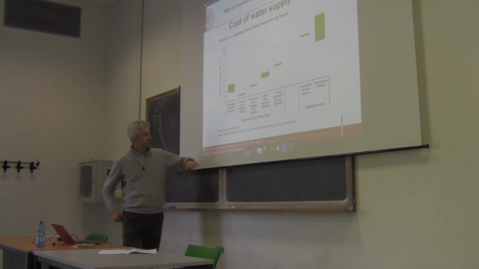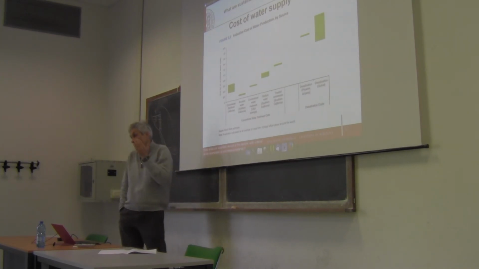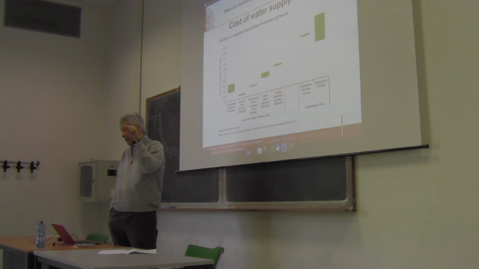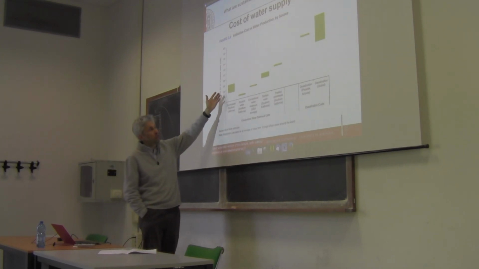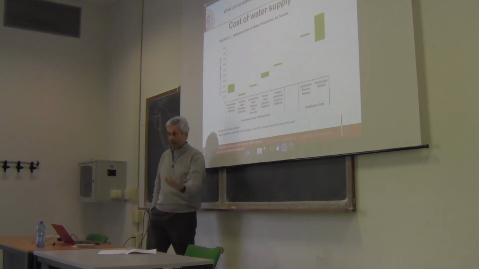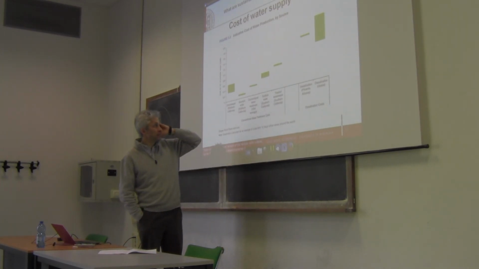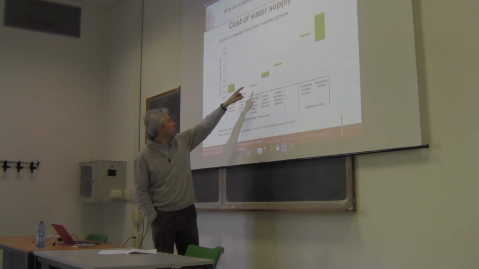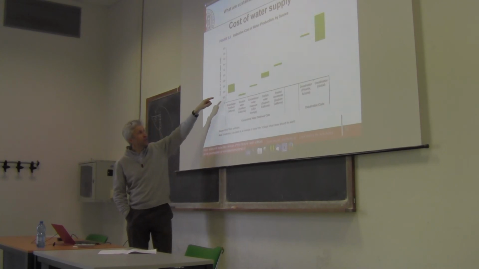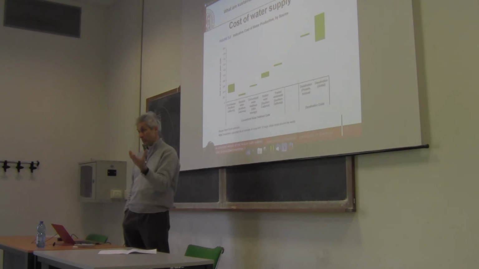This is an example of cost of water supply, because if you want to increase the water supply, of course, you remember the economic pillar, you have to consider the costs. Basically this tells you that groundwater has different costs depending on the depth of the water table. Surface water usually has a cost that is not very relevant. Groundwater usually has a higher cost. In southern California, groundwater is readily available and therefore it's not very costly.